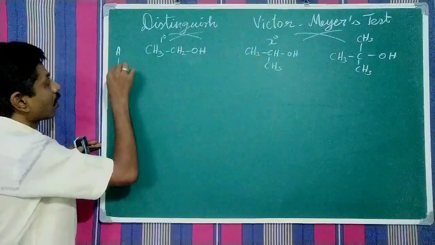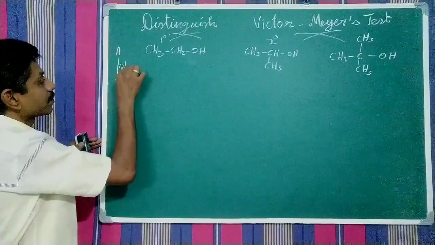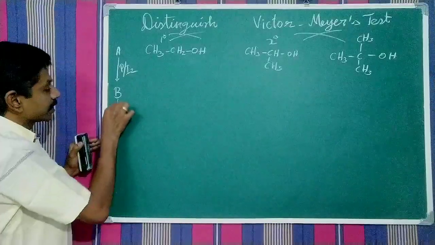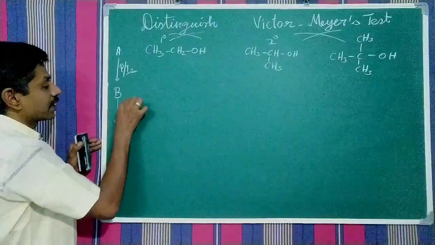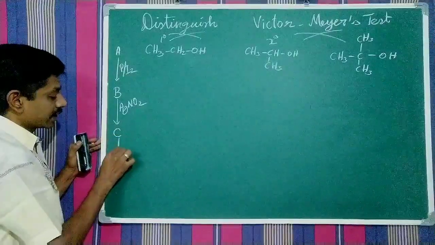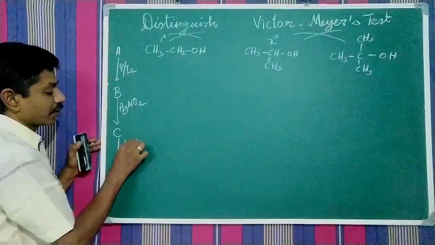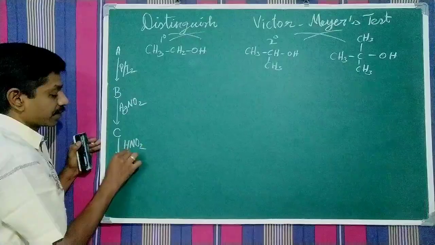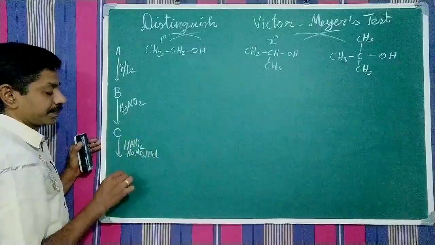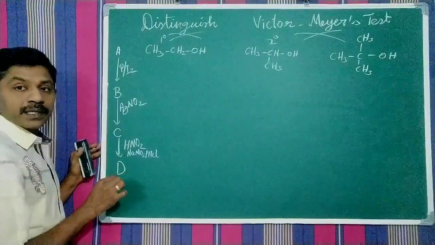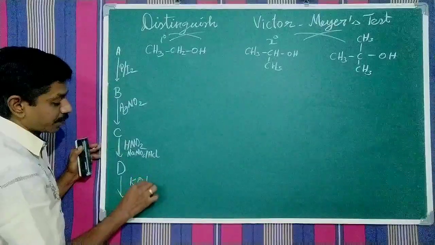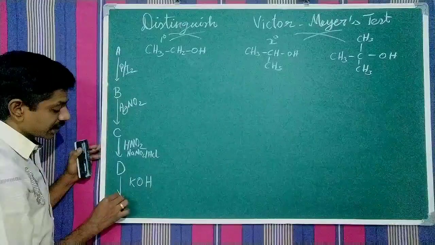Compound A on treatment with red phosphorus and iodine gives compound B. That again on treatment with AgNO2, silver nitrite, gives compound C. That on treatment with nitrous acid HNO2, or they may give it in this form, sodium nitrite and hydrochloric acid combination, gives compound D. And compound D on treatment with KOH, potassium hydroxide, gives different colors.